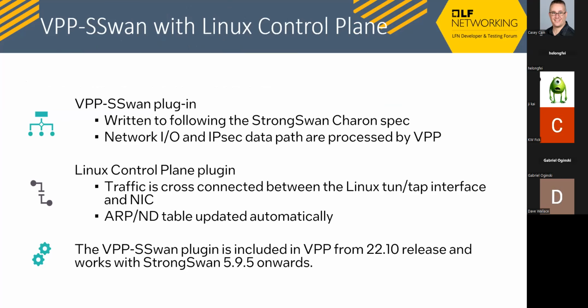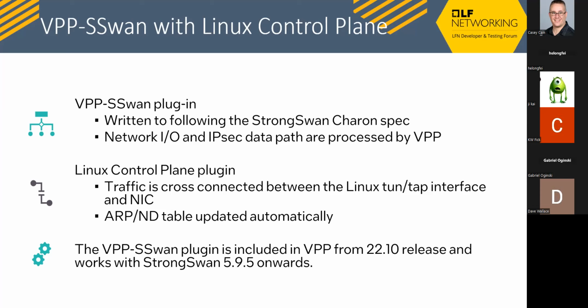Now it's time to introduce the VPP StrongSwan plugin and Linux CP. The VPP StrongSwan plugin is a StrongSwan plugin that offloads the IPsec outbound and inbound data plane packet processing to VPP. The plugin takes advantage of the VPP C API that translates the IPsec SA requests and the routing rules into VPP socket messages.